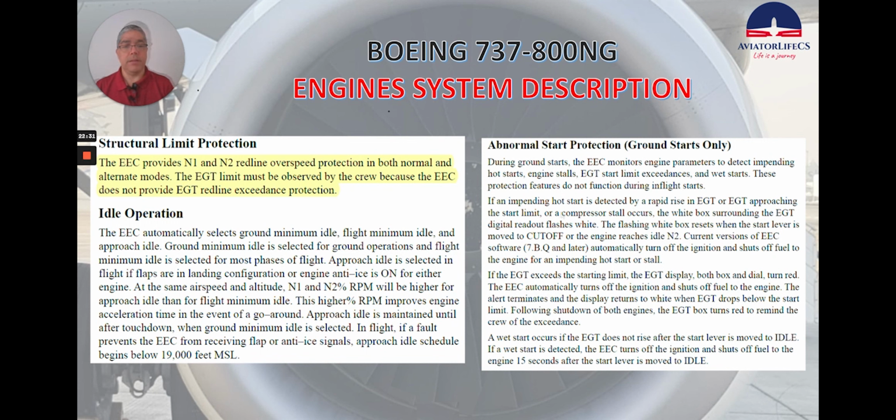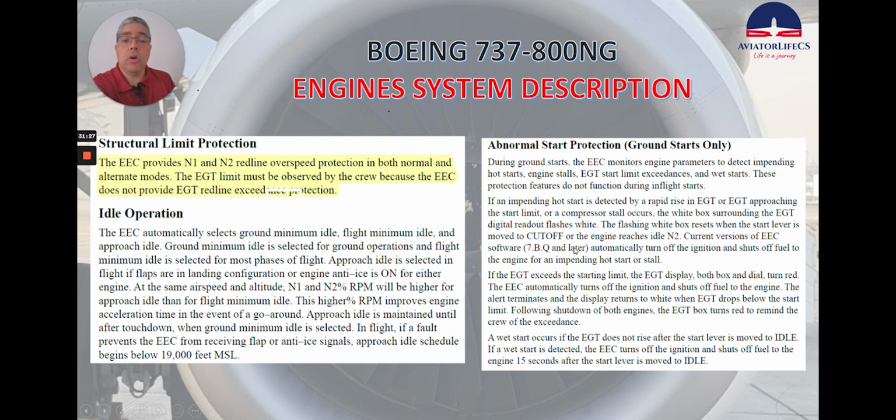During ground starts, the EEC monitors engine parameters to detect impending hot starts, engine stalls, EGT start limit exceedances, and wet starts. These protection features do not function during in-flight starts.